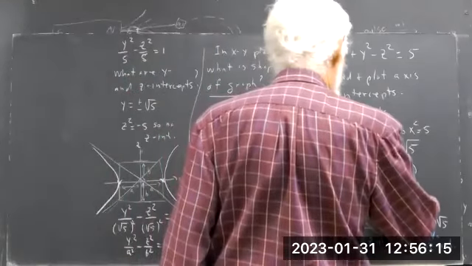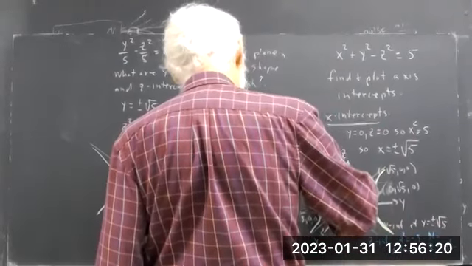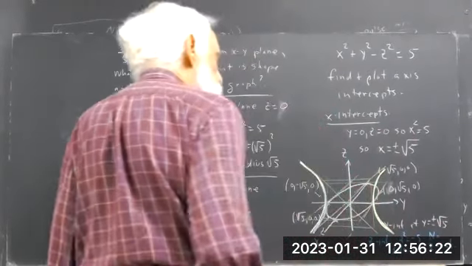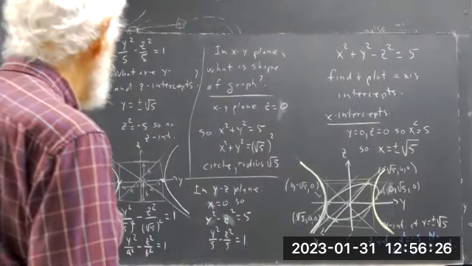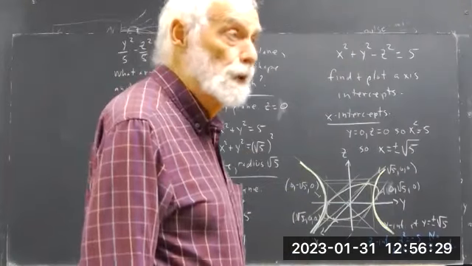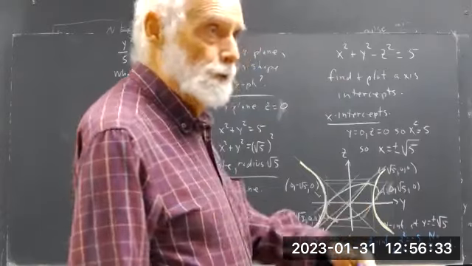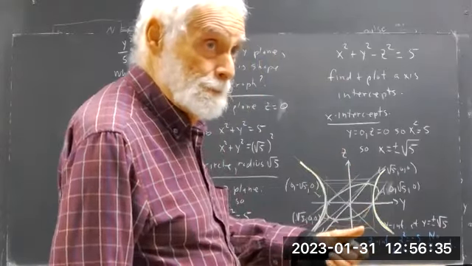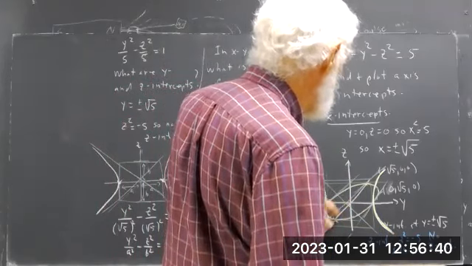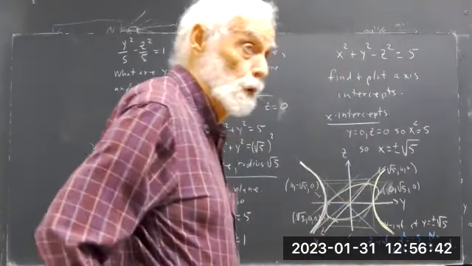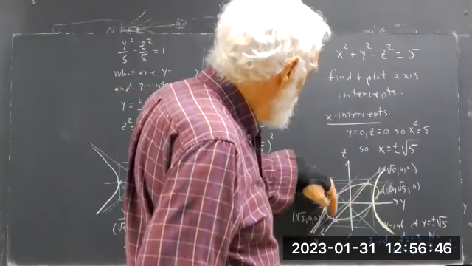I've already committed to make my graph green, so I'll make these green. Now, in the XZ plane, we get the same thing. I'm not going to draw that because of the way I want to construct this one. But you would make a rectangle, actually a square in this case, since all coefficients are 1.